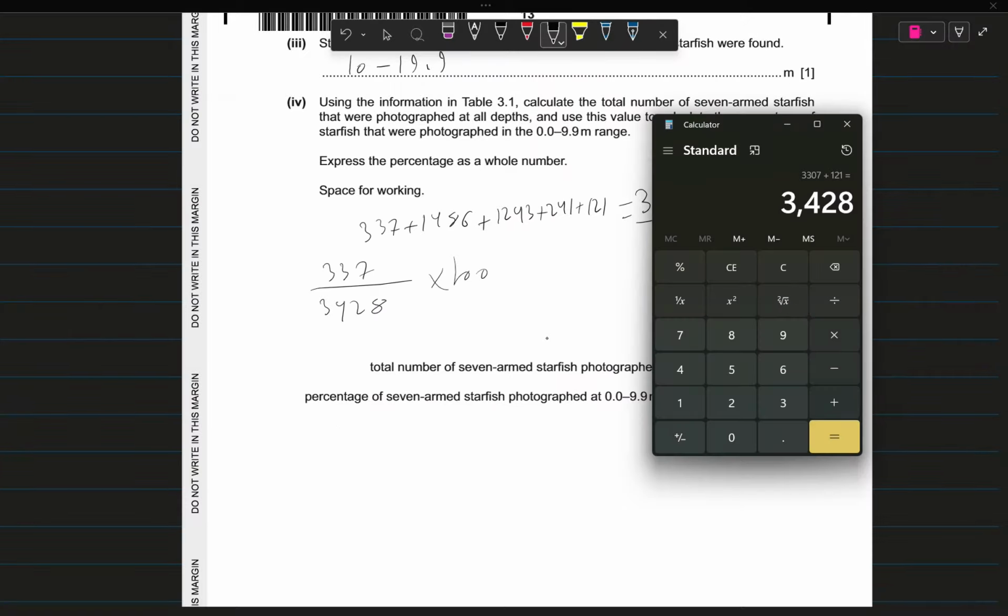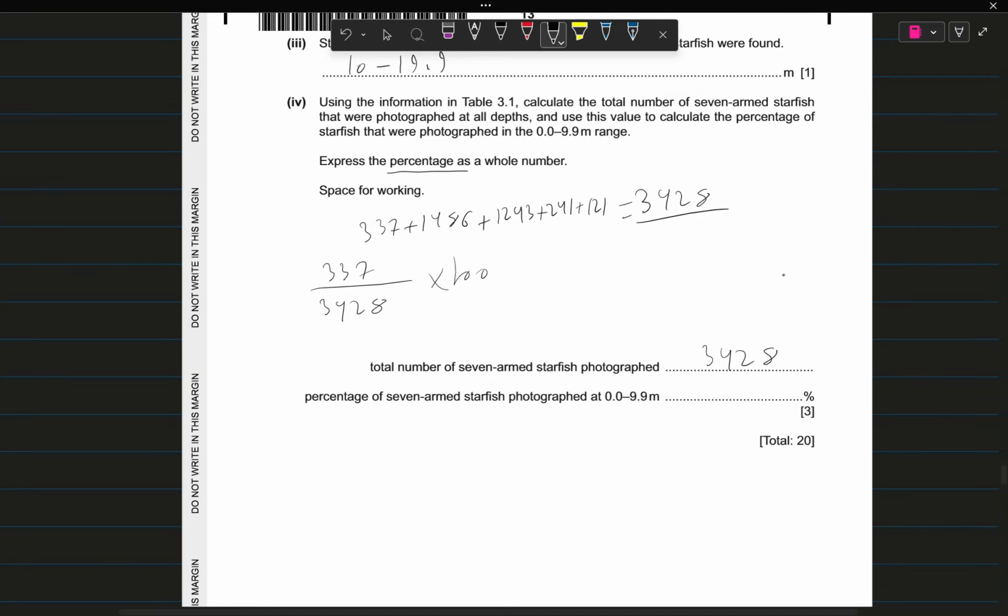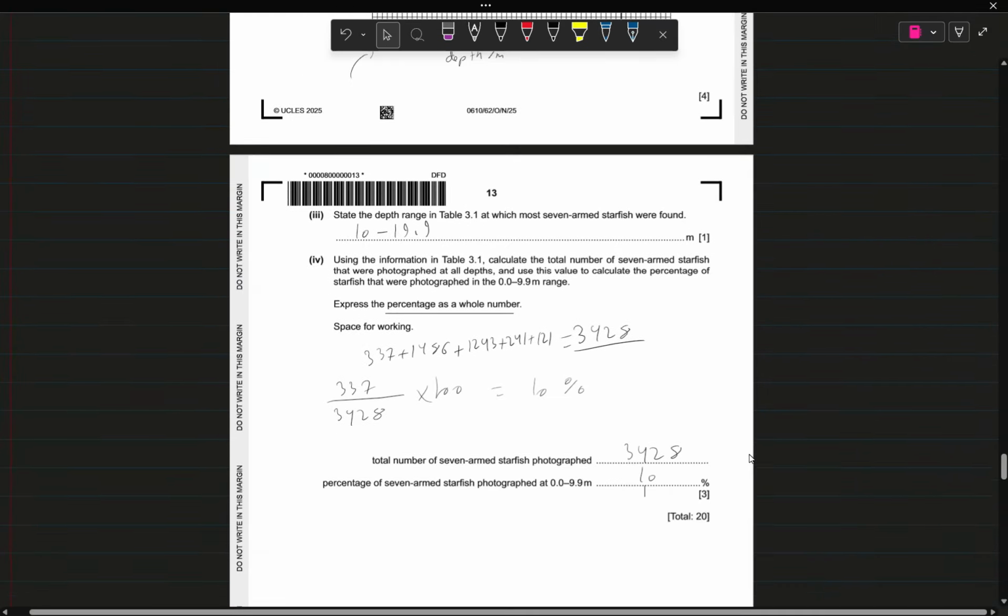So if you actually do that, that would be 337 divided by 3428, multiplied by 100. You get 9.83. However, it says in the question, express the percentage as a whole number, which means that you round it to 10%. And that will be our answer.